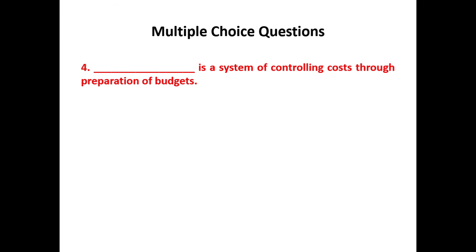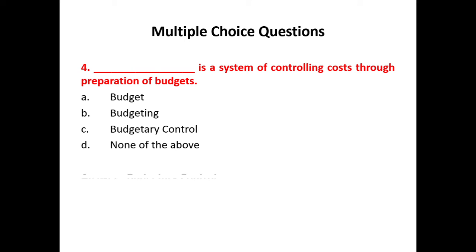Dash is a system of controlling costs through preparation of budgets. The options are budget, budgeting, budgetary control, none of the above. The right answer is budgetary control. So, budgetary control is a system of controlling costs through preparation of budgets.